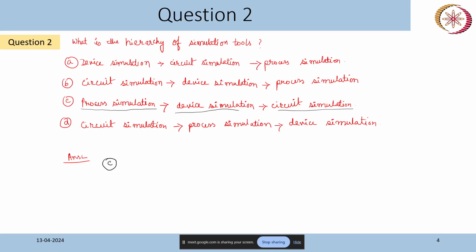Based on that we make the device, because if we do the device simulation first, we may get some parameters which we actually cannot achieve physically. For example, if we cannot get doping concentration very high. For silicon, the density is in the order of 10 to the power 22 per centimeter cube.